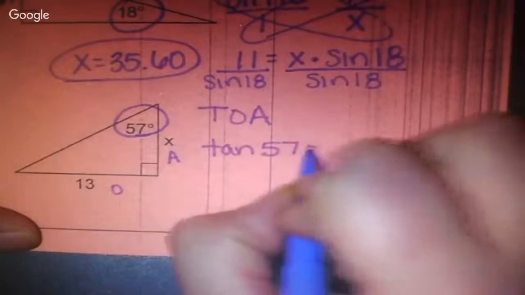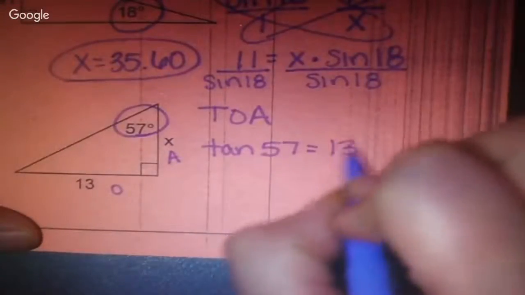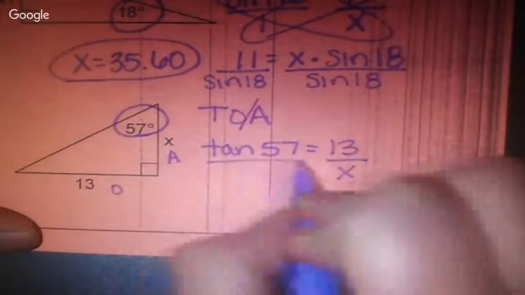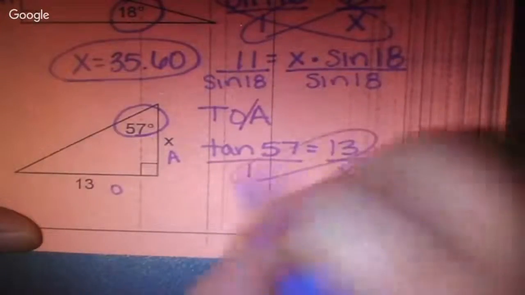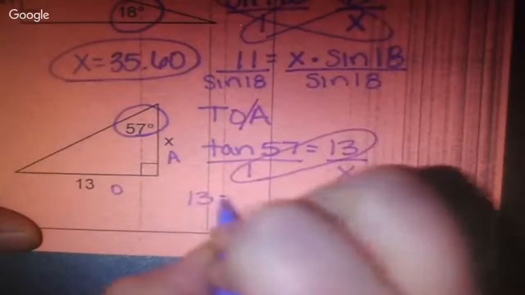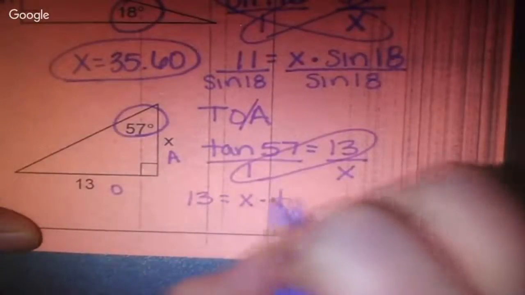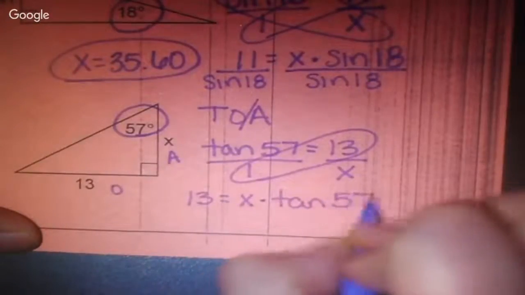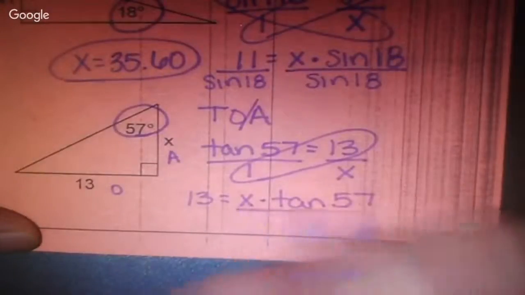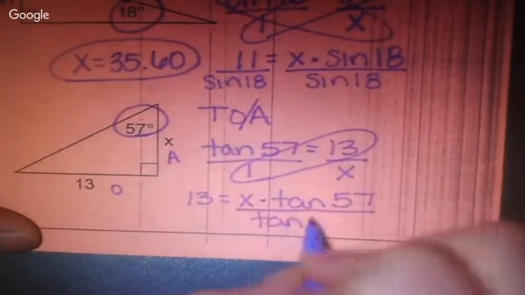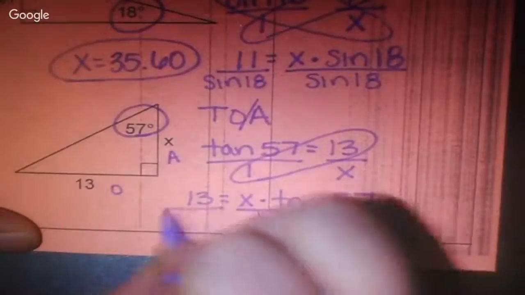Which means we now have tangent of 57 equals 13 over X. Cross multiply. 13 equals X times the tangent of 57. X isn't by itself, so we must divide by tangent 57.